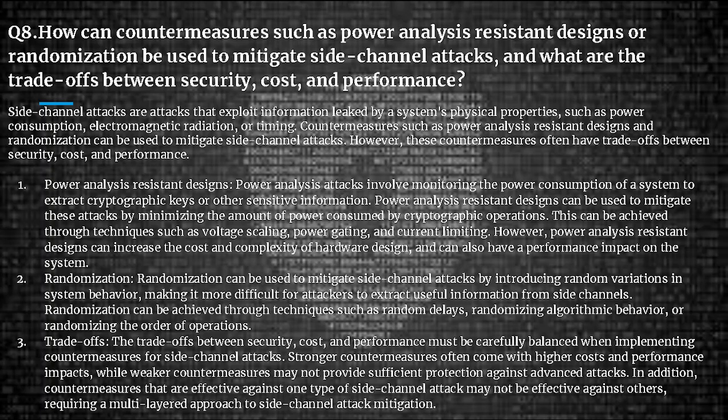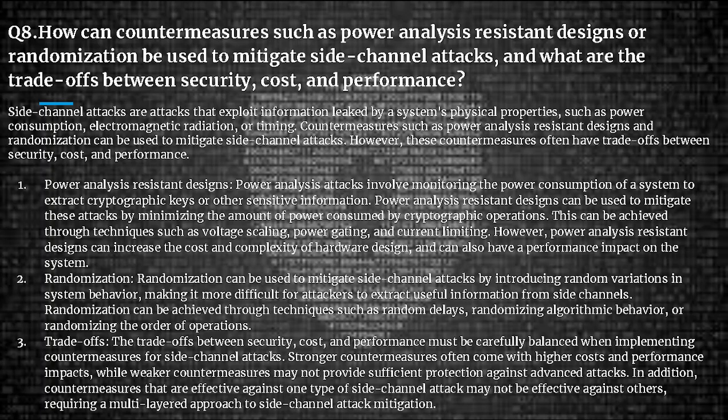Now, what we can do is power analysis resistant design can be used to mitigate this attack by minimizing the amount of power consumed by cryptographic operations. This can be achieved through techniques such as voltage scaling, power gating, and current limiting. So this is about the power analysis resistant design.